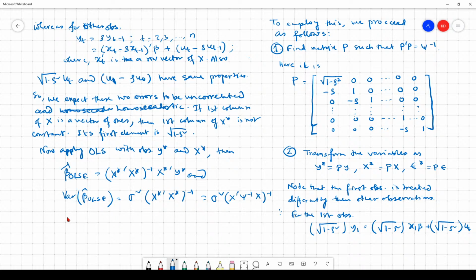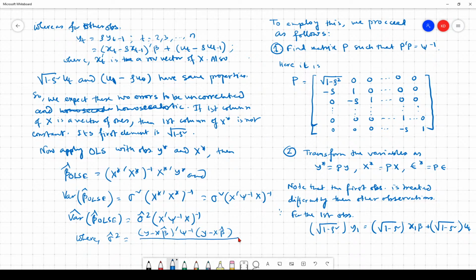And since sigma square is unknown, estimate of this is equal to sigma hat square x prime omega inverse x whole inverse, where sigma hat square is equal to y minus x beta hat prime omega inverse y minus x beta hat by n minus k.